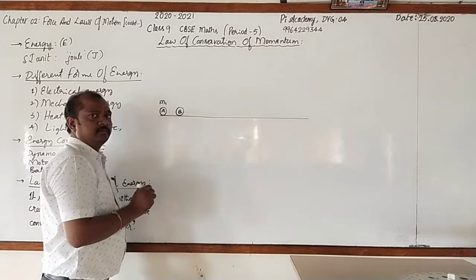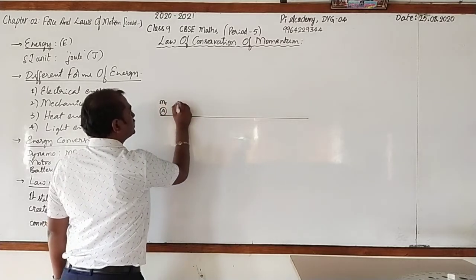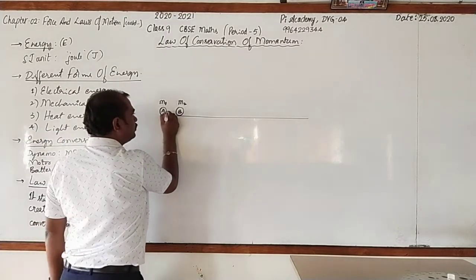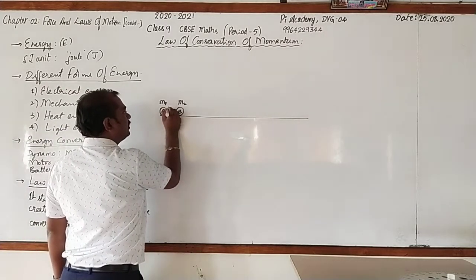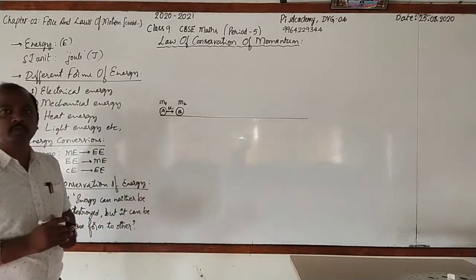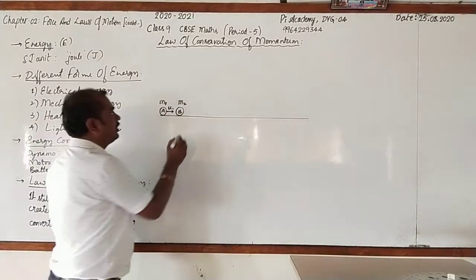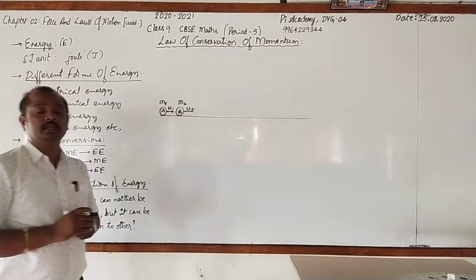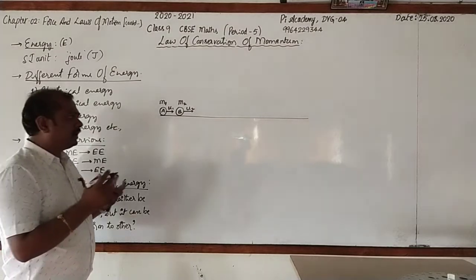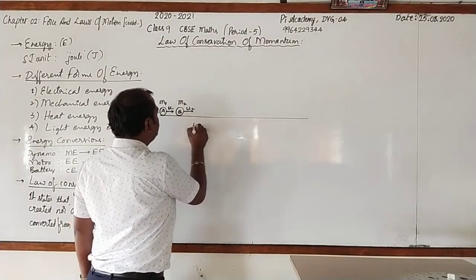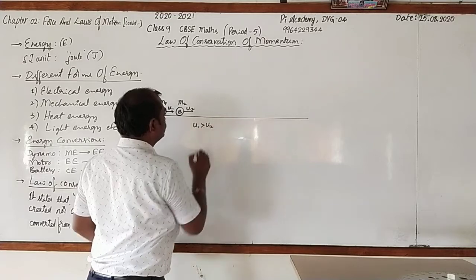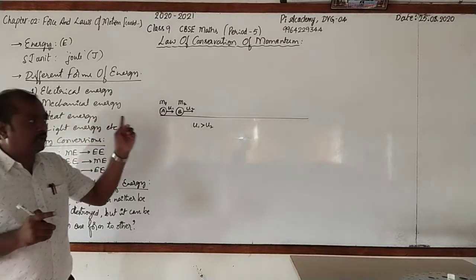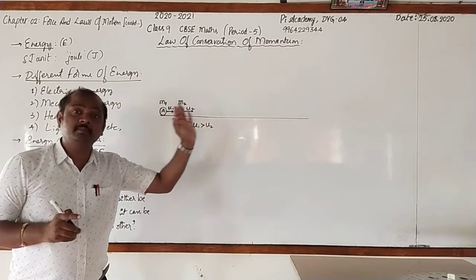Object A has mass m1 kg, object B has mass m2 kg. Both are moving with some velocity. The velocity with which A is moving, you may call u1, and the velocity with which B is moving is u2. Assume that u1 is greater than u2. Hope that you have understood. Both objects are moving along a straight line in the same direction.